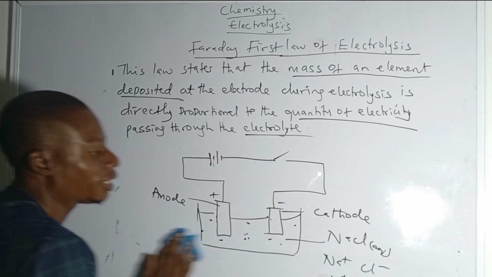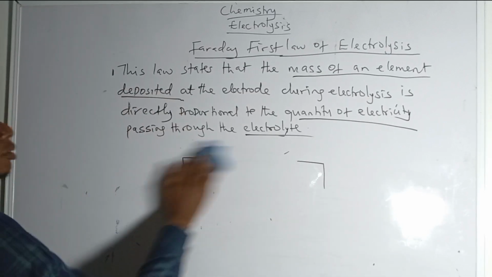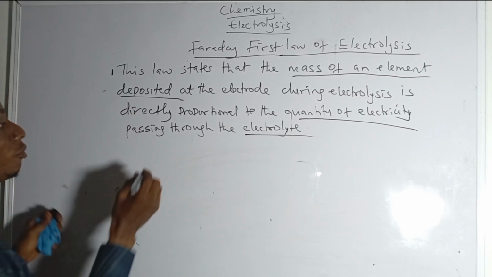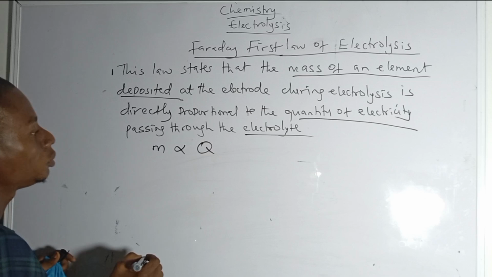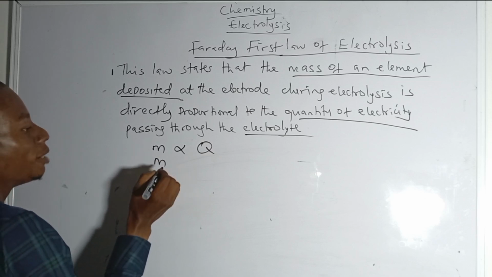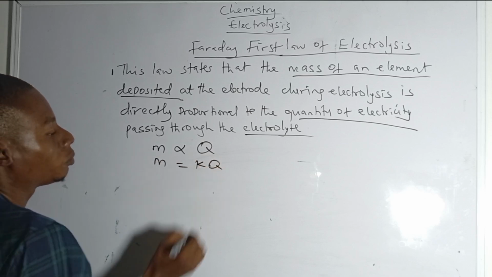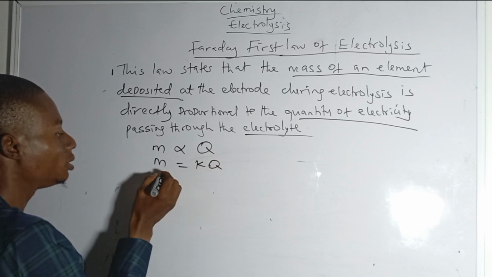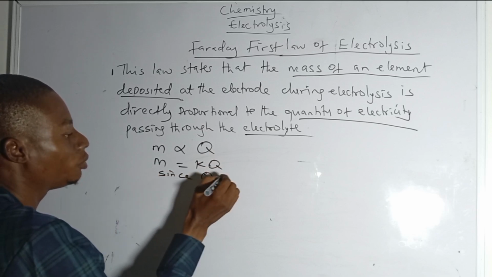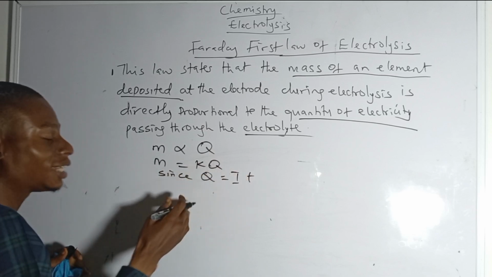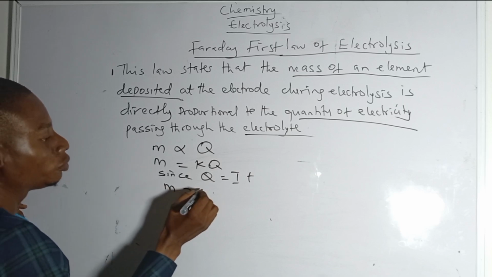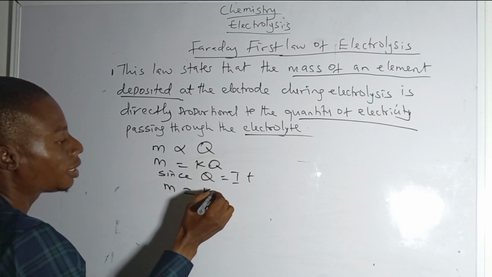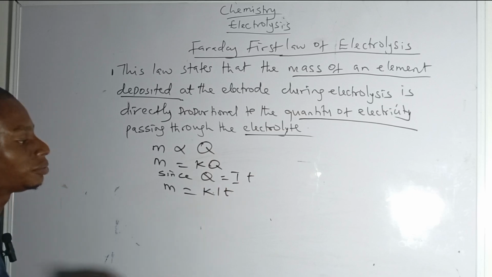So from that law we can derive a formula that says the mass of an element is directly proportional to Q. Therefore, M is equal to KQ, and since Q is equal to IT, that is current times time, we have M is equal to KIT.